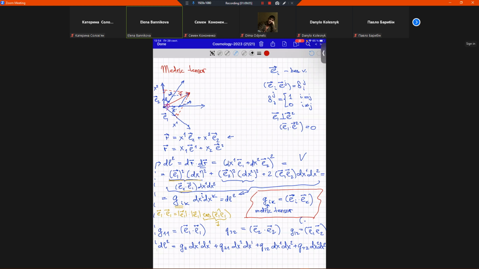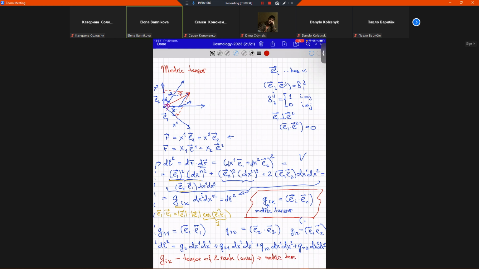You can see that J_ik is a tensor of second rank, because it has two indexes, and in this representation it is covariant, which we call the metric tensor.